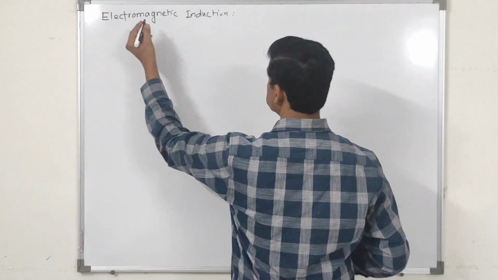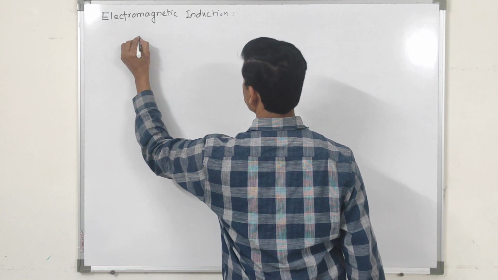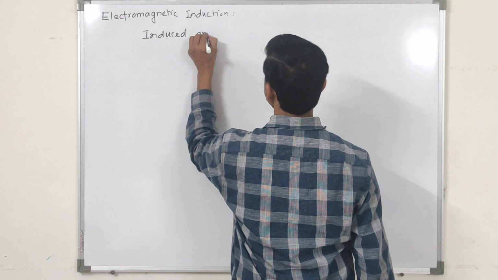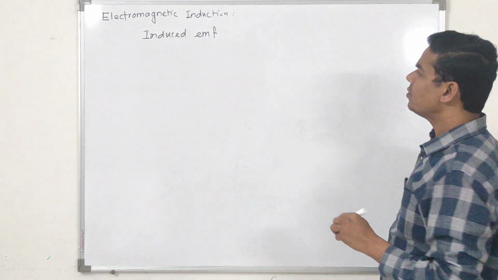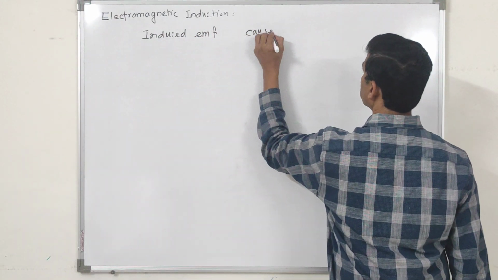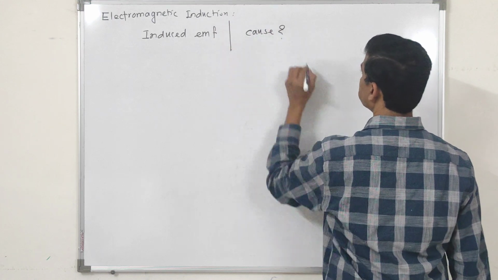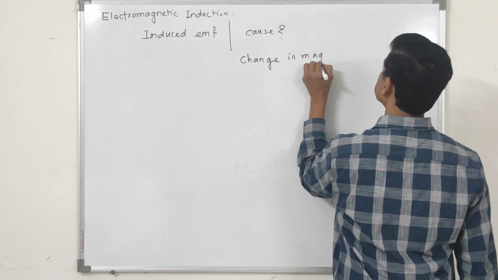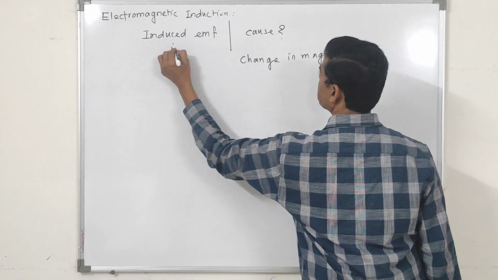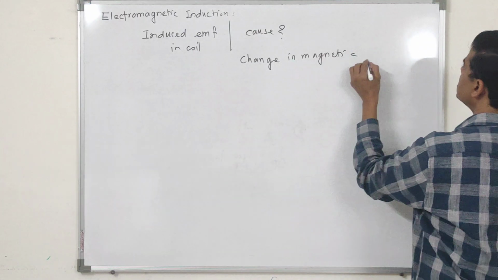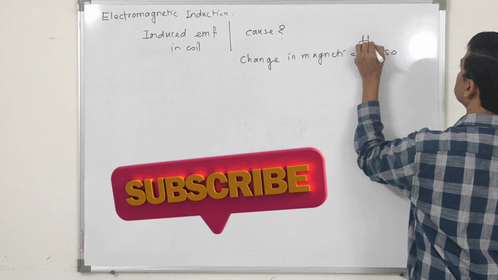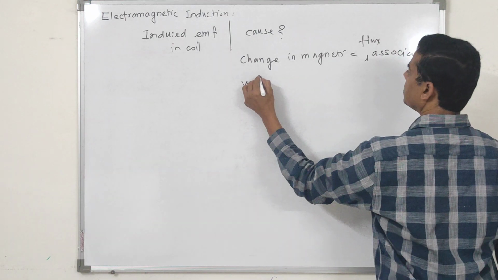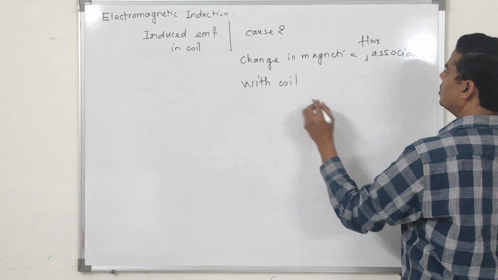Sequentially, first of all, in electromagnetic induction we are going to introduce the concept of induced EMF. What is the cause of induced EMF? The cause of induced EMF in a coil is the change in magnetic flux associated with the coil.